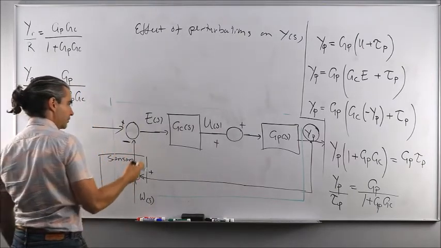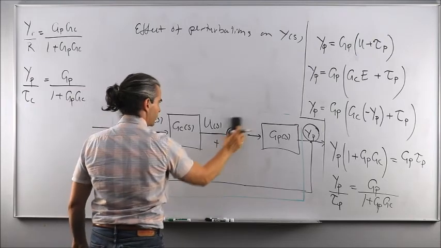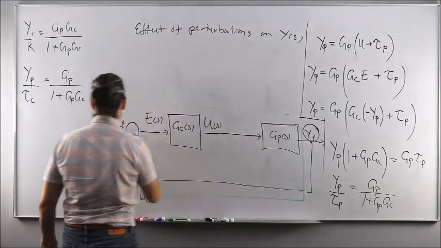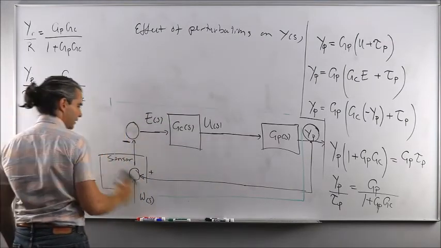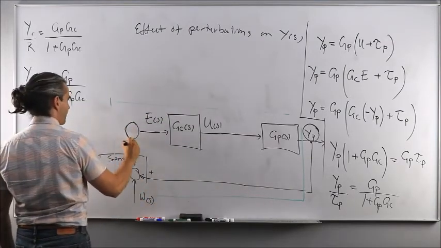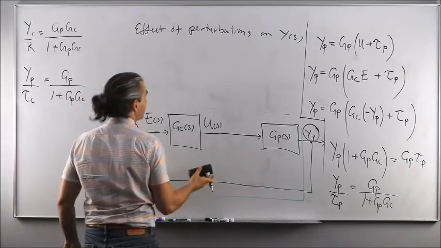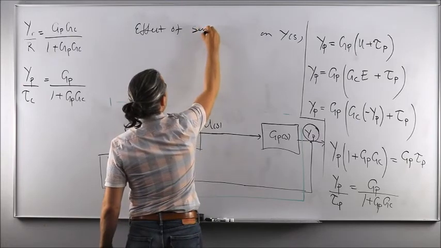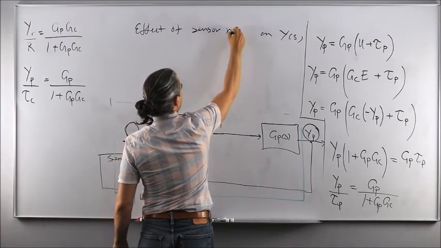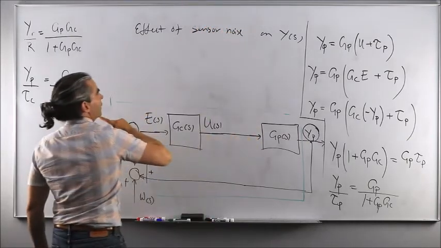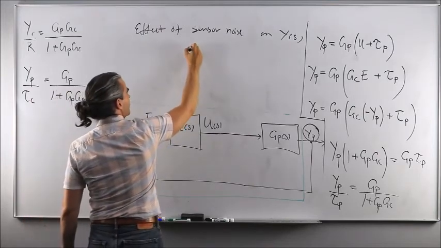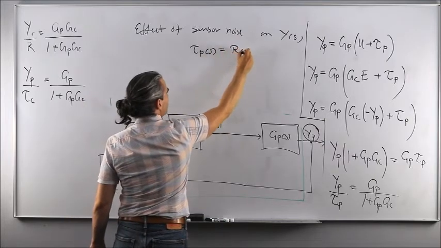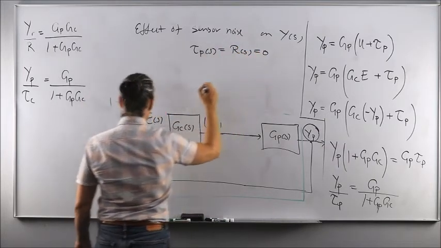In that case, we need to shut down those two other signals that were coming in previously. So no more perturbations and no more reference signal. So effect of sensor noise on Y. Okay, so again, we are setting here perturbations equal reference equal to 0.